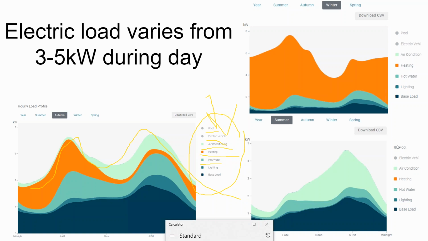What we see in these graphics is, in the summertime, high electrical load, particularly in the afternoon and into the evening. In the wintertime, our air conditioning goes away, and we have a lot of electric heat, not so much in the middle of the day when it's sunny, but definitely in the morning.